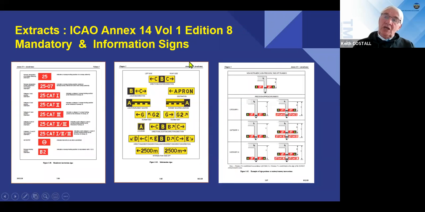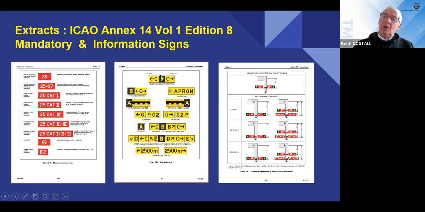When it comes to the information signs, you'll see a combination of colors here and a combination of information. Generally speaking, let's start with the top here. If I'm traveling towards a junction on a taxiway, then I need to know where I am.